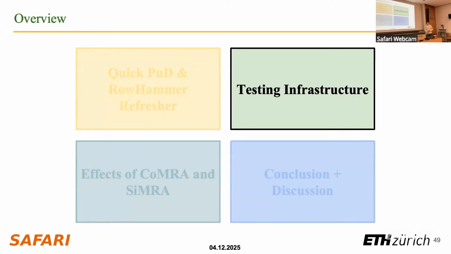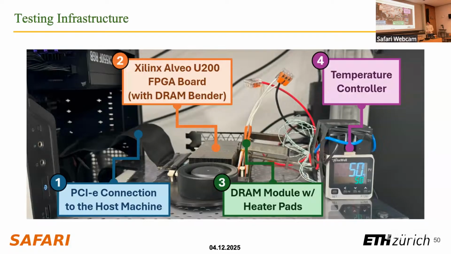To answer this question, they made a testing setup which gave them very fine-grained control over the timings for the DRAM. It looked like this. Down here you can see a PCIe connection to the host machine, which connects this FPGA board to a computer.